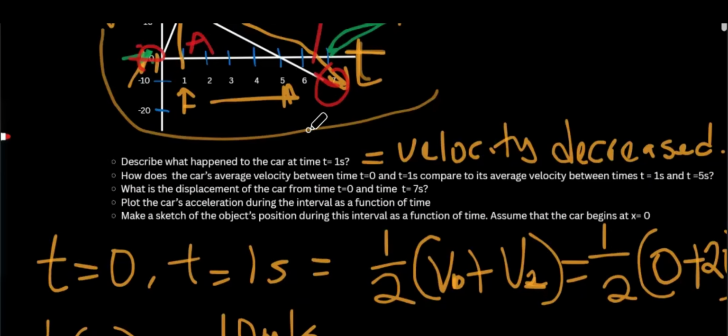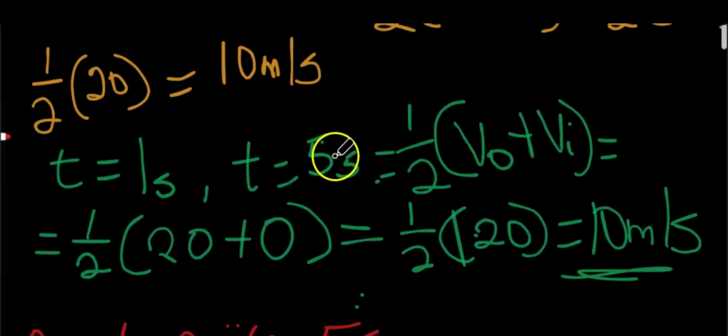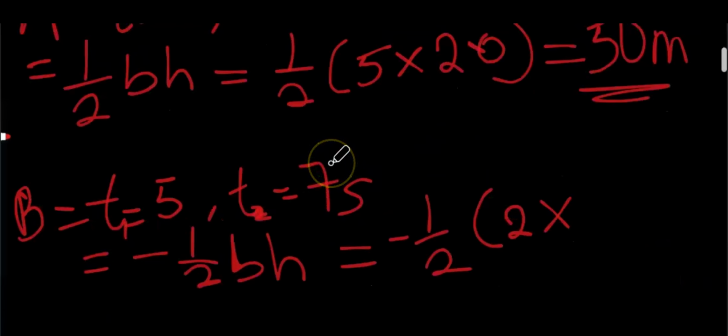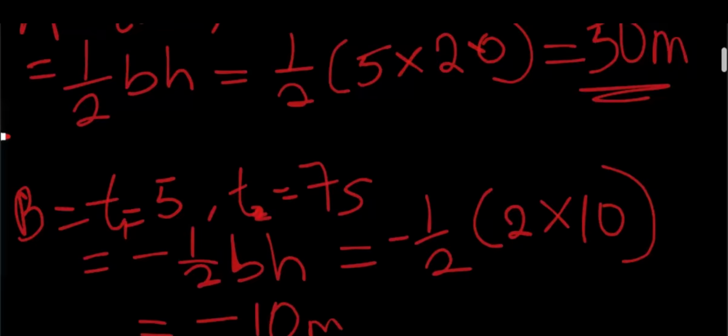At 7 here, the velocity is negative 10. It is negative because it is on the other side of the slope. So by the time we do our calculation, we have negative 10 meters.